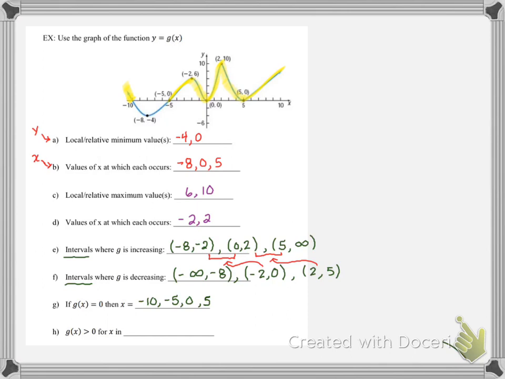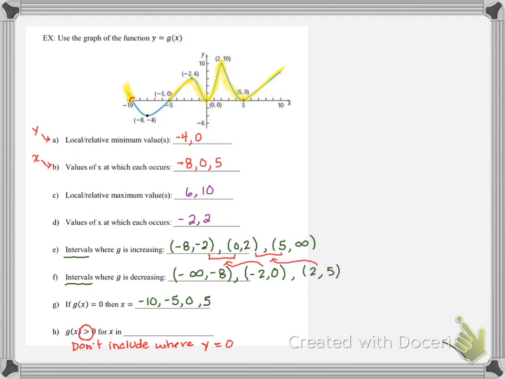However, we have to be a little bit careful because this is a strict inequality, so we don't want to include the points where y is equal to 0, which means those points where it touches the x-axis have to be open points.